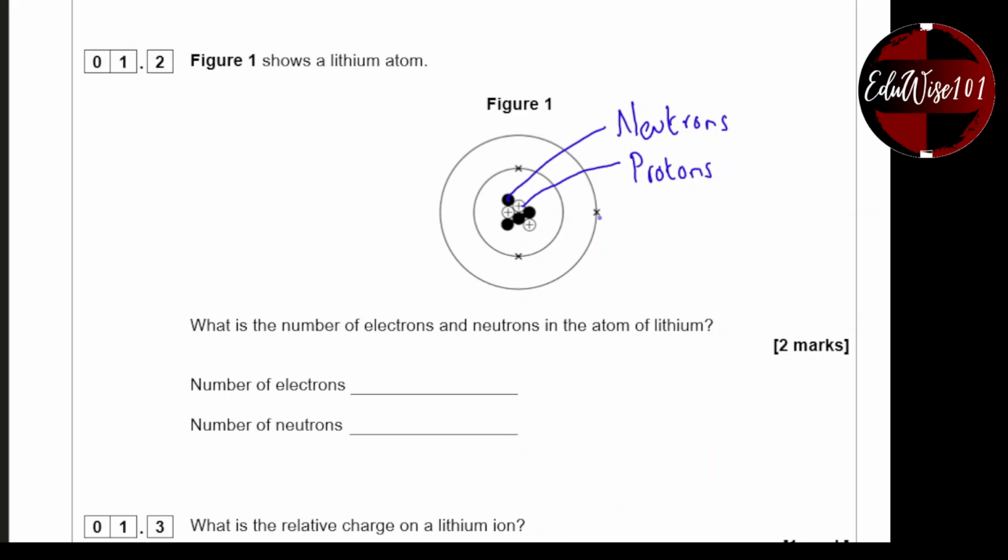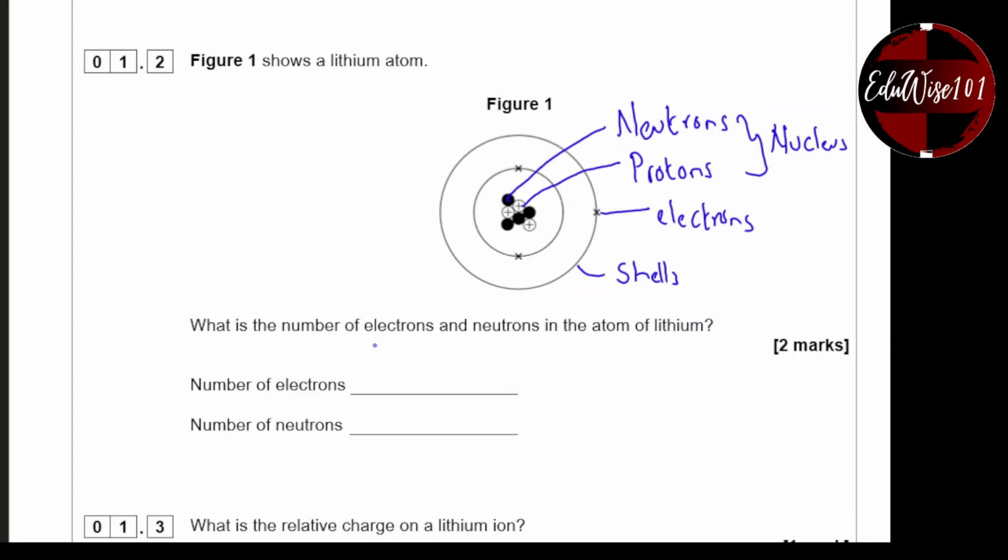Protons always have that positive charge. Neutrons don't carry a charge, and they both make up the nucleus. So the middle part of the atom is called the nucleus, and you have the electrons here, and these lines are the shells.